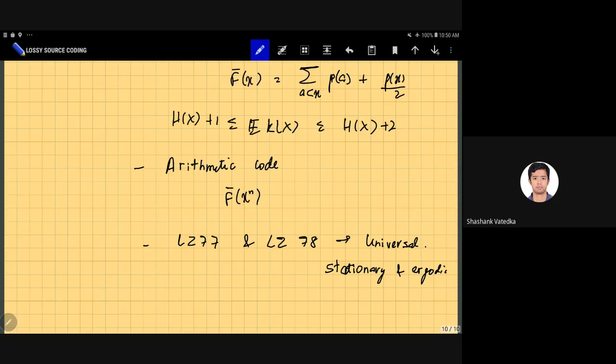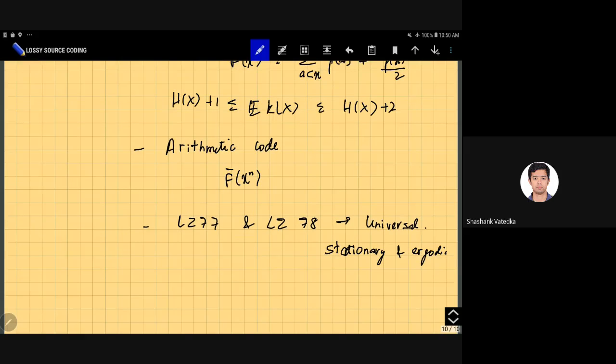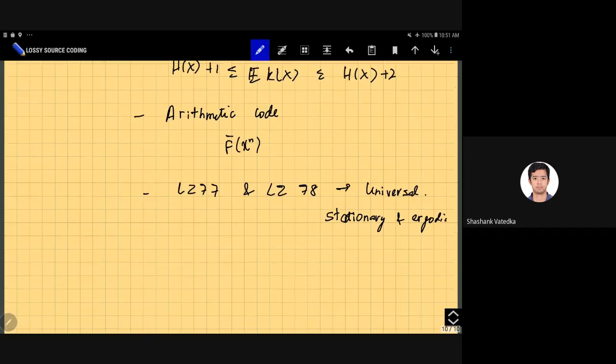For these kinds of sources, the asymptotic achievable rate using LZ77 and LZ78 is equal to the entropy rate, and these algorithms form a basis for most modern compression algorithms.